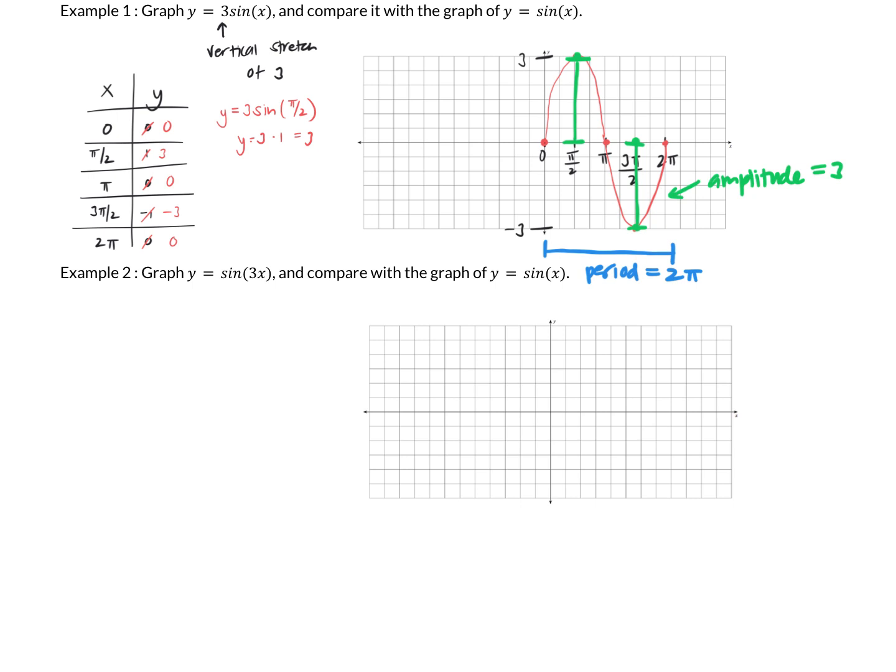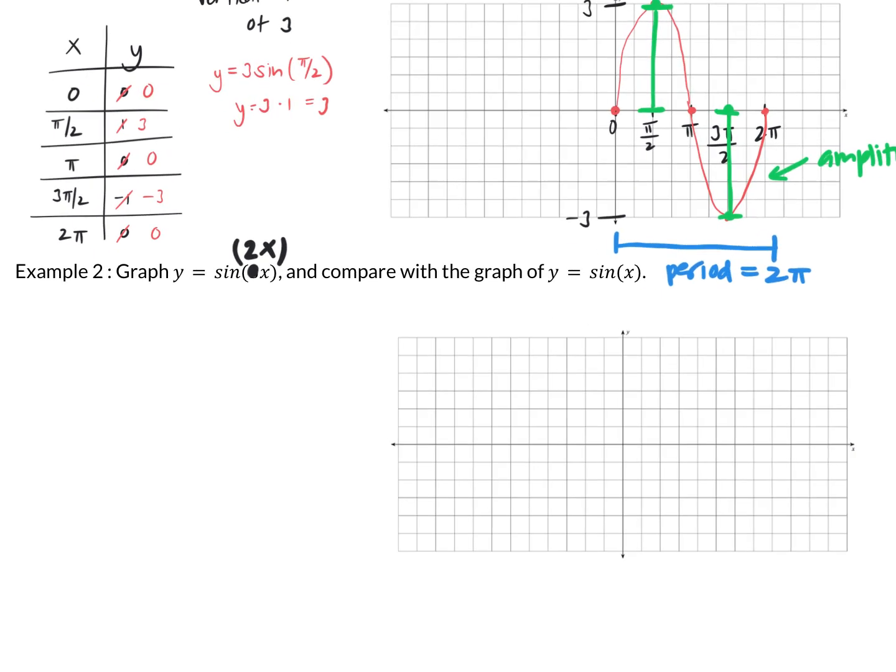Okay, we've got sine of 3x. I'm actually going to change that to just be a 2x so that it's a little easier mathematically for us to think through these things. If it's in the parentheses, this one is a little bit more difficult to think about.